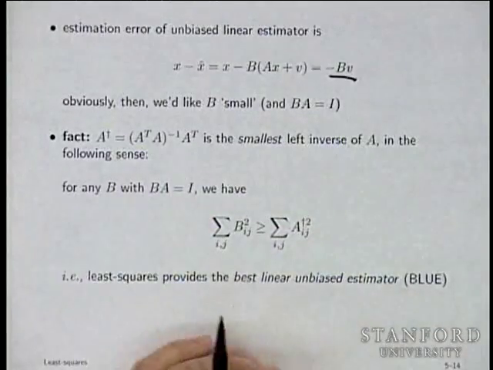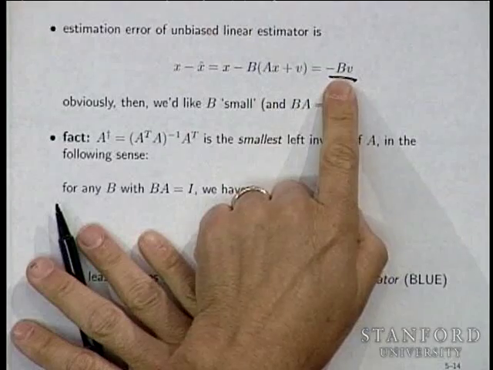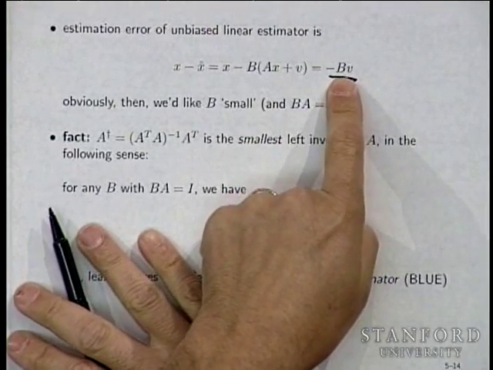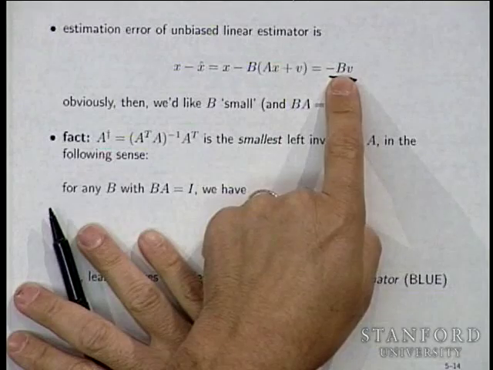When one person has one left inverse, another has another, they both give you unbiased estimators. If there's no noise, they will both reconstruct x perfectly. Now you introduce noise, and the two estimators differ if the two left inverses are different, because the estimation error is that matrix multiplied by v.